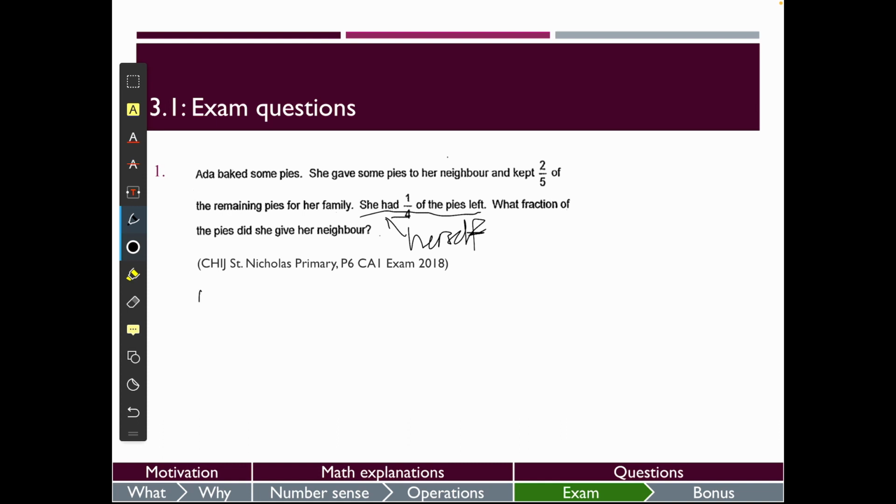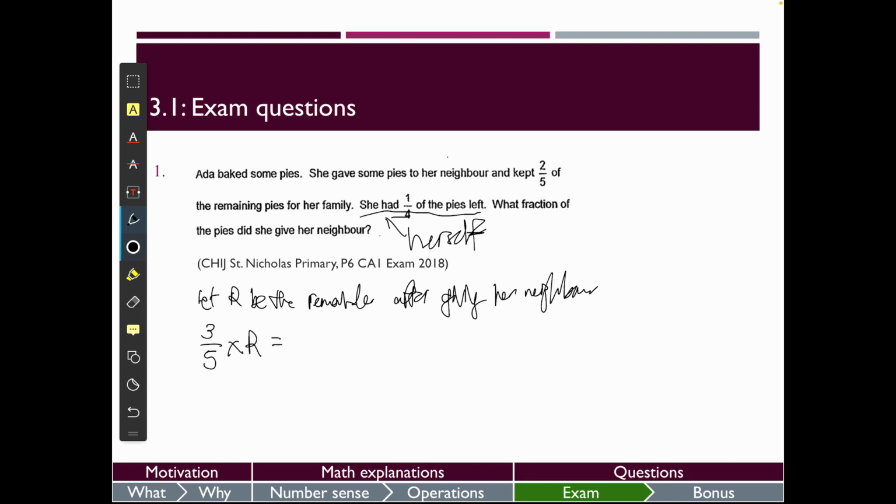So let's say let R be the remainder after giving a neighbor. 2/5 of the remaining pies. So 3/5 of the remainder after giving a neighbor will be a quarter of the total.